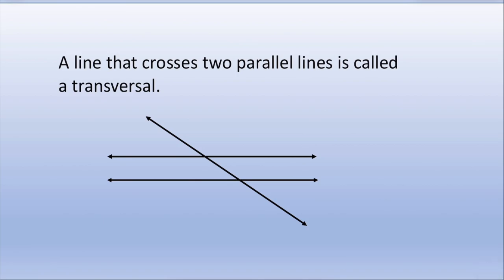So if we have these two, let's say we still have L and M, and we'll call this line N. Line N is considered a transversal if it cuts through two parallel lines. So this one right here is a transversal.